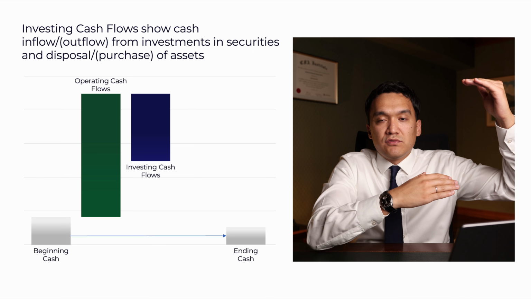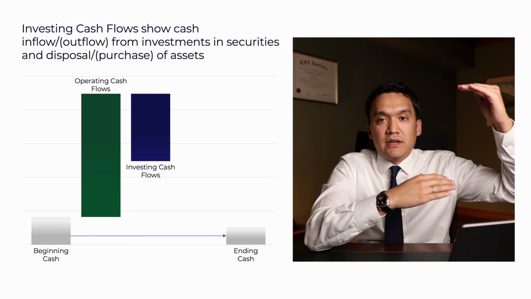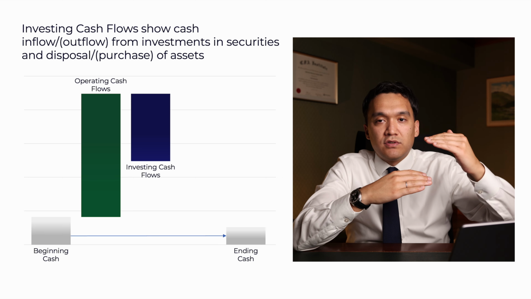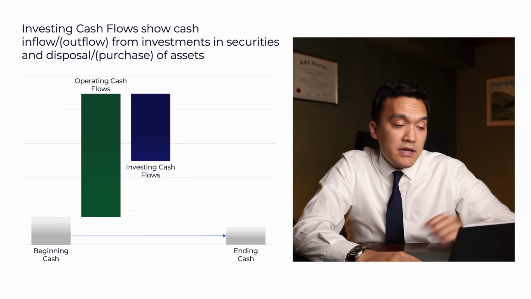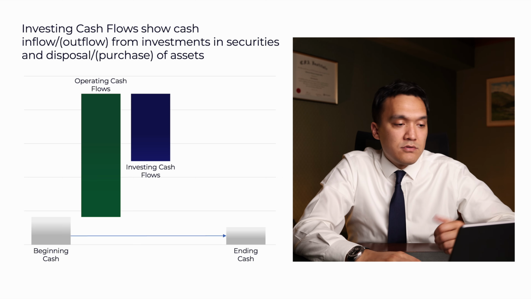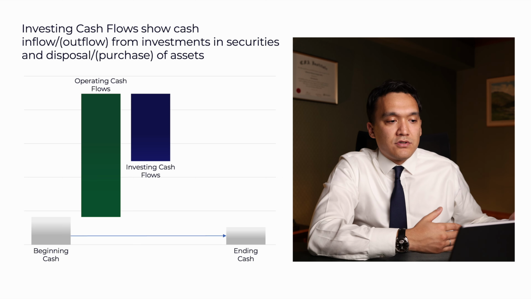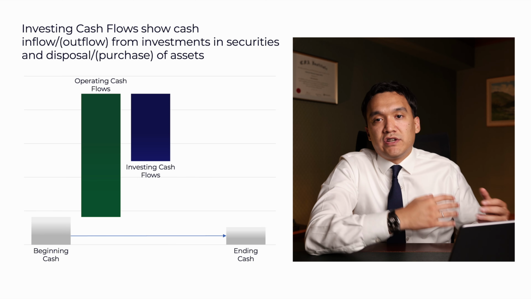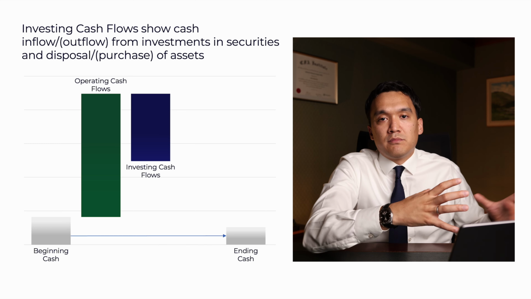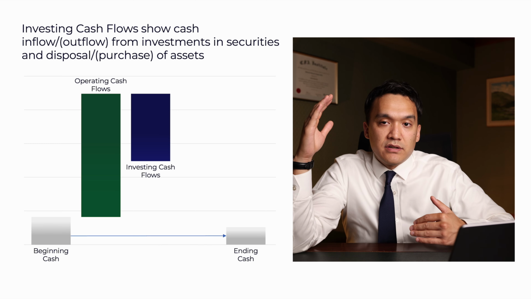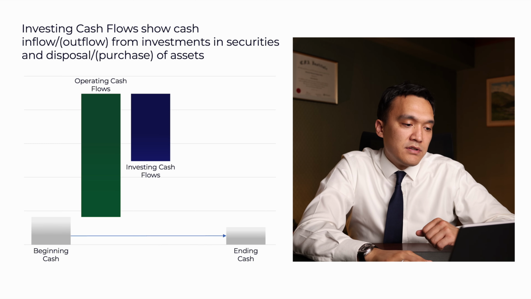We have operating cash flow from our business operations, and then we spent part of this cash flow on new assets to expand our business. But again, investing cash flow can be positive. So what I mean, we could have sold a lot of our investments and generated positive cash, or we could have sold a large part of our business and again generated a very large positive investing cash flow.